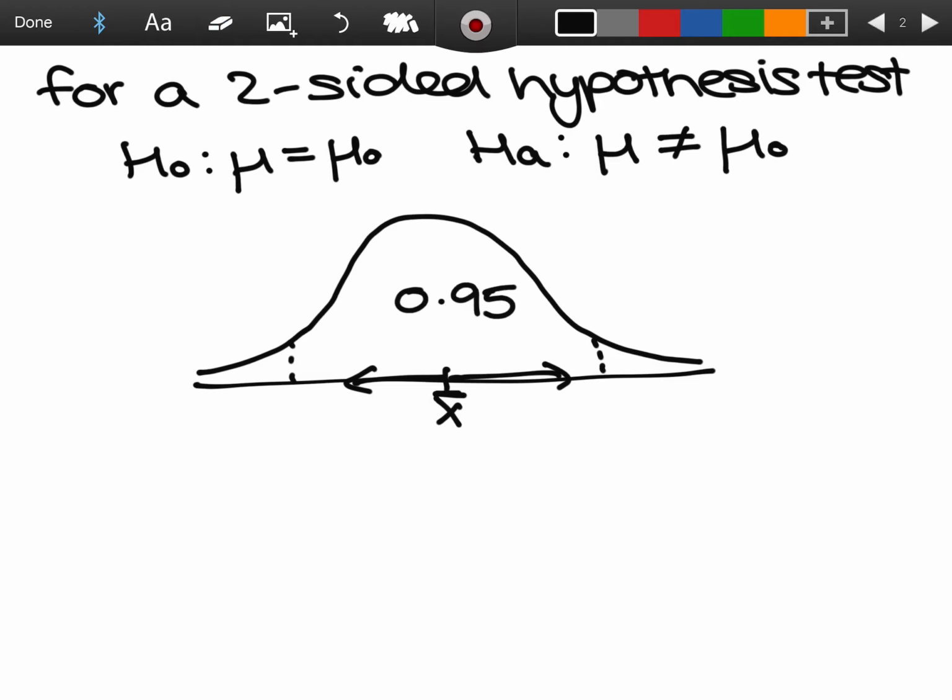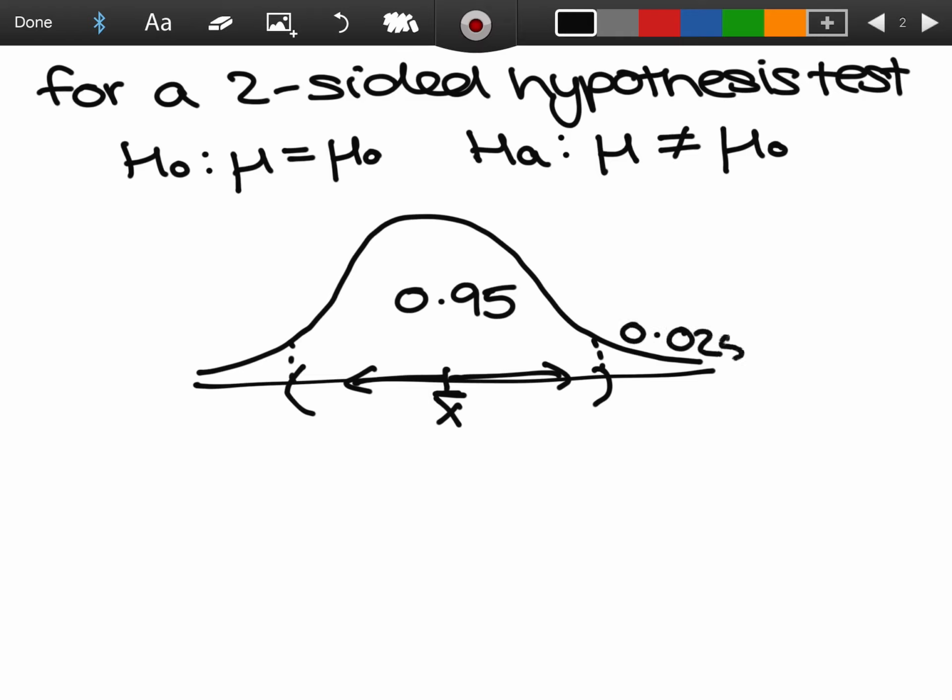That means if your population mean is close enough to that sample mean 95% of the time, that means that 5% of the time it's going to be too far away from that sample mean and it's going to fall outside of that interval, okay? So that means that from a 95% confidence interval, 95% of the time, our population mean we think will fall within that range.